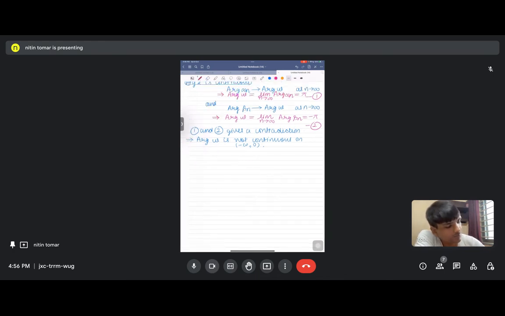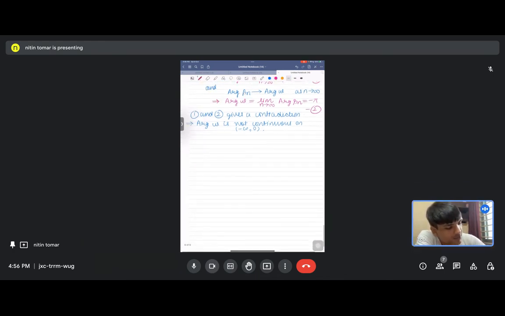What is your principal argument value? It is minus pi to pi, correct? So it means you are starting with, if this is your axis, you want your value to be starting from here at minus pi, and then you make a complete revolution of 2 pi.